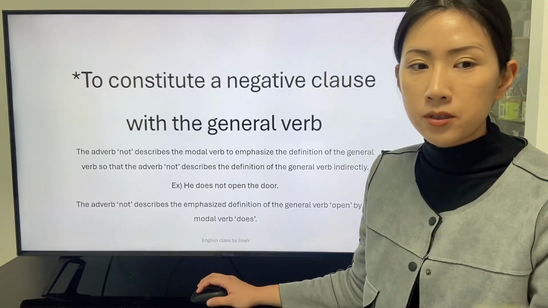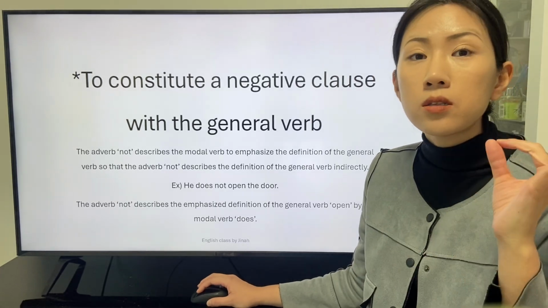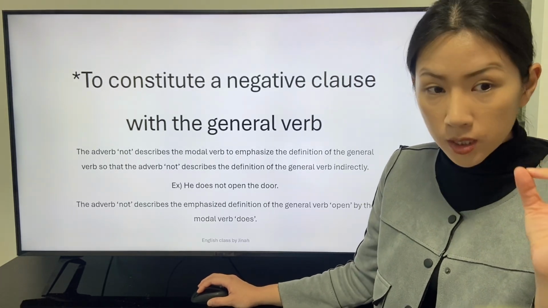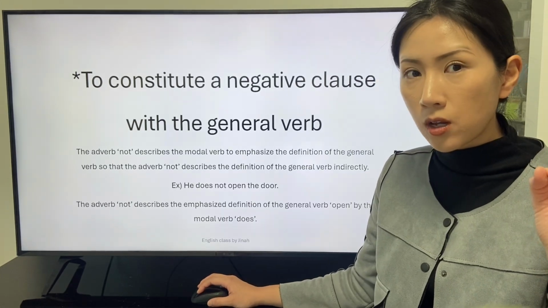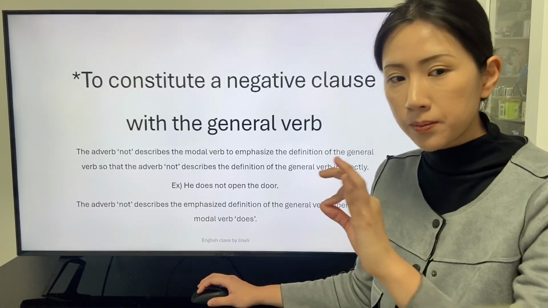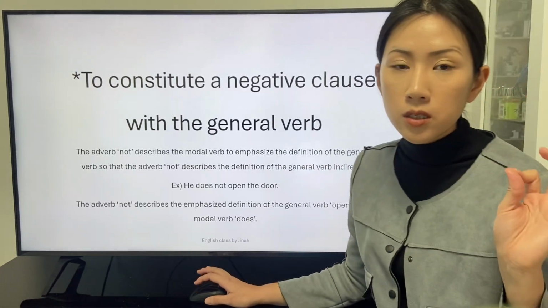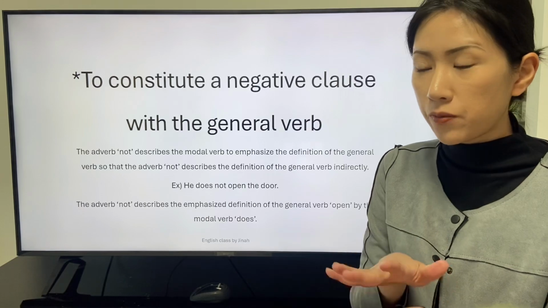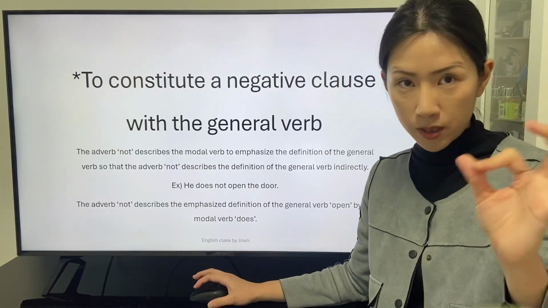There is an example. He does not open the door. The adverb not describes the modal verb, which is another adverb, does. The modal verb does, described by the adverb not, describes the transitive verb open.